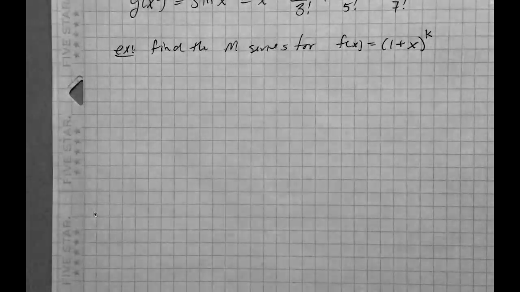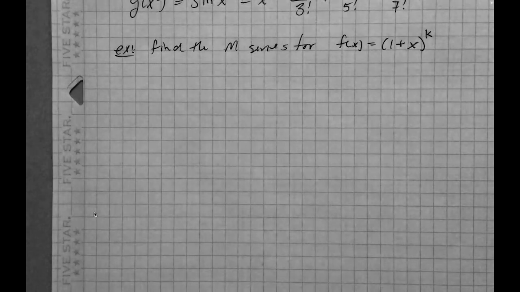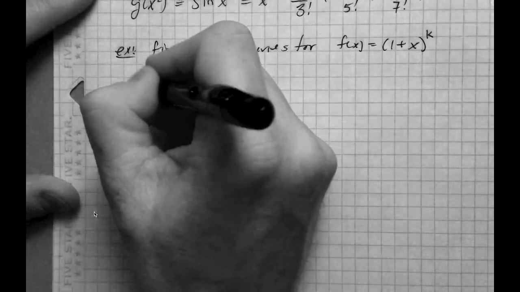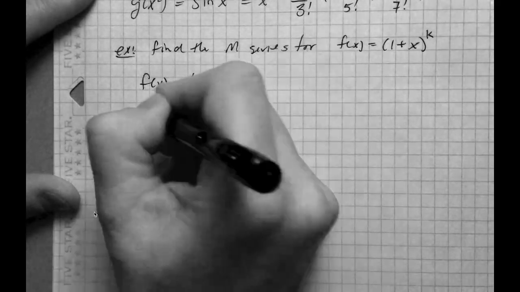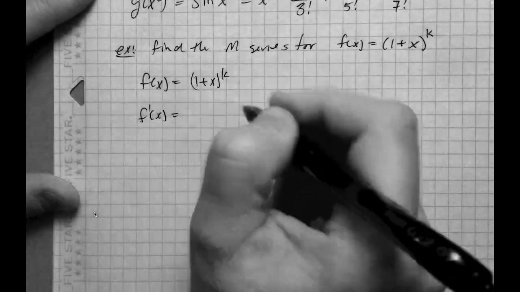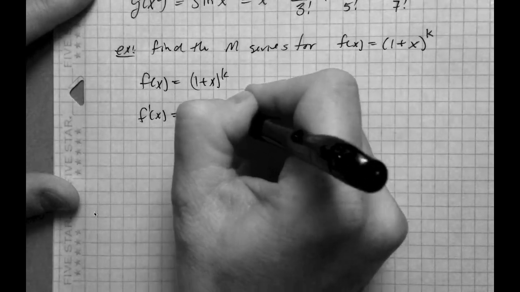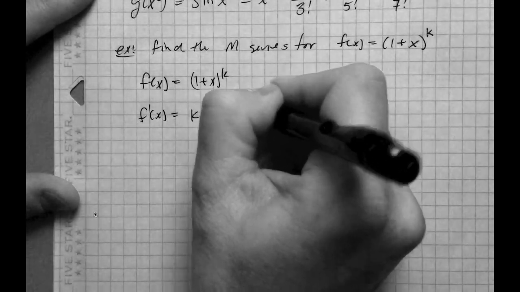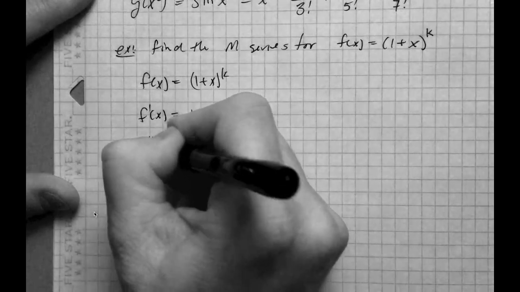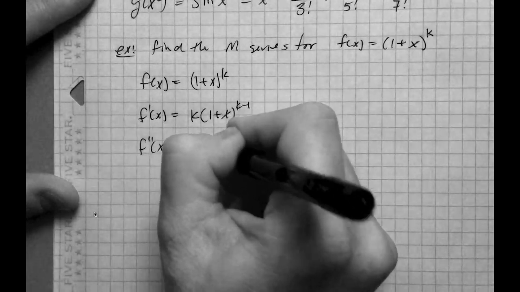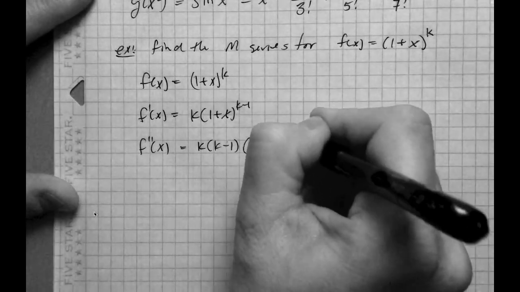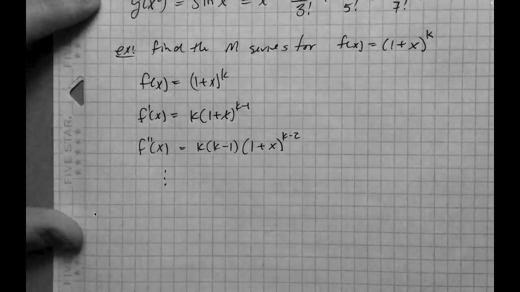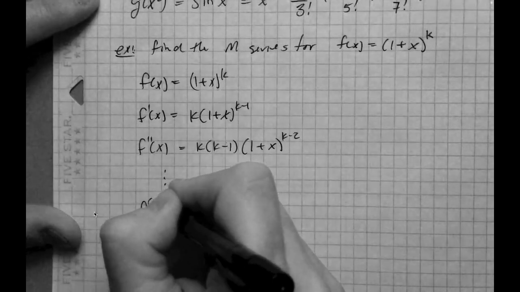So this is like a binomial. So f of x is equal to 1 plus x to the k. f prime of x is equal to k times 1 plus x to the k minus 1. f double prime is k times k minus 1 times 1 plus x to the k minus 2, and so on. What's the nth derivative?